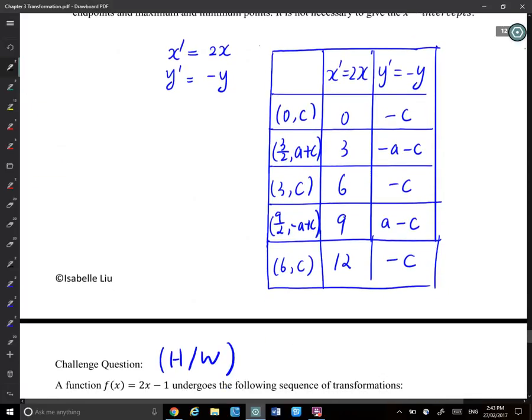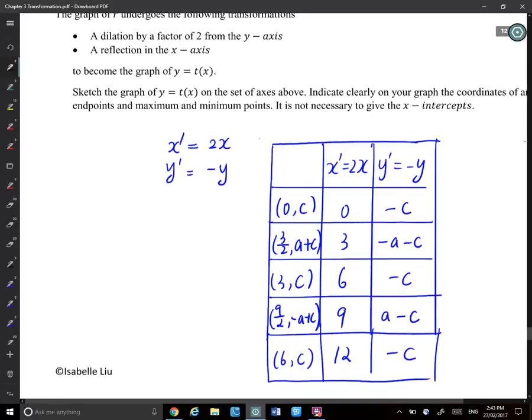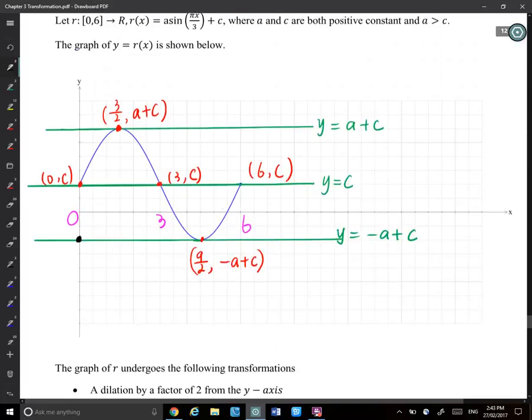The next one is 3, minus a minus c. So 1, 2, 3, 4, 5, 6, the point will be here.